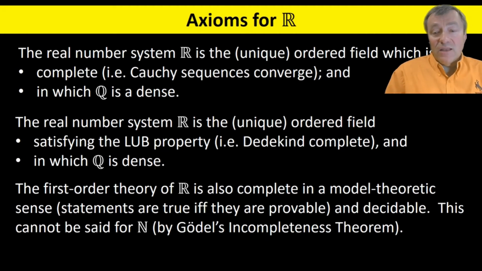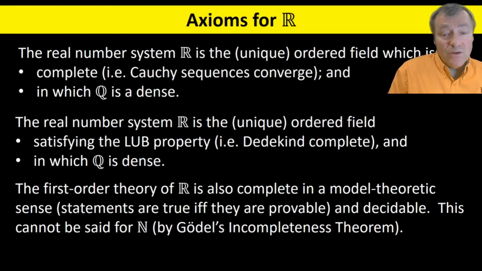And I have to say that in the natural numbers, we do not have any such completeness. We don't have decidability. And this is because of Gödel's incompleteness theorem, and the completeness part that is referred to in Gödel's incompleteness theorem is in this other logical context.